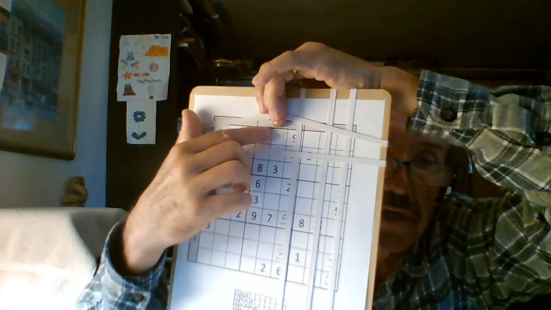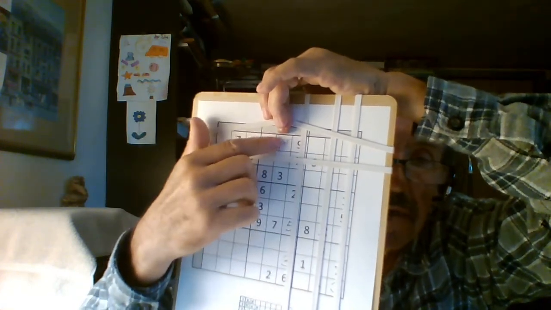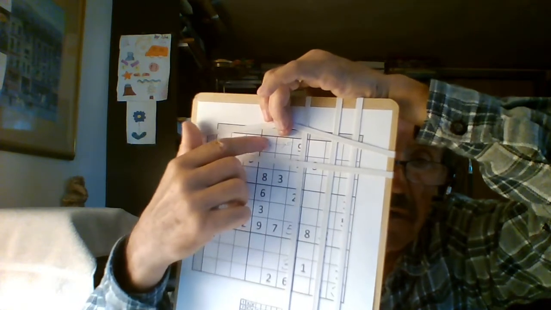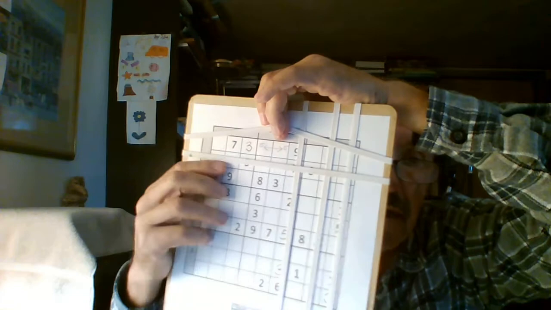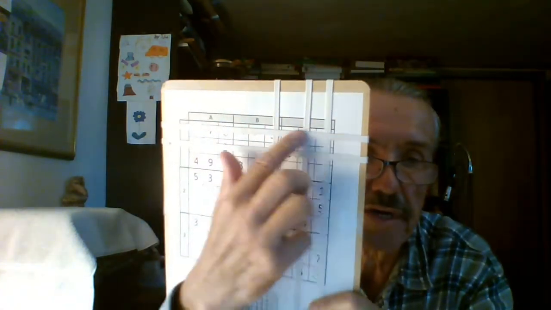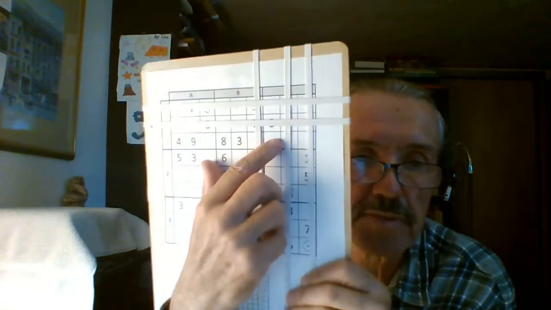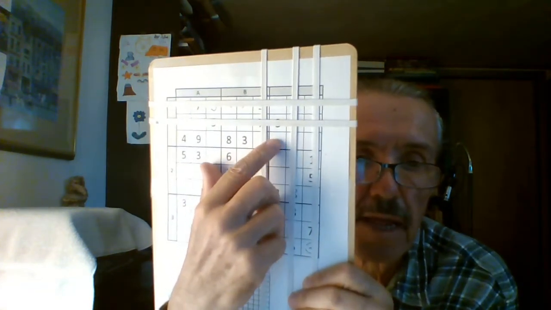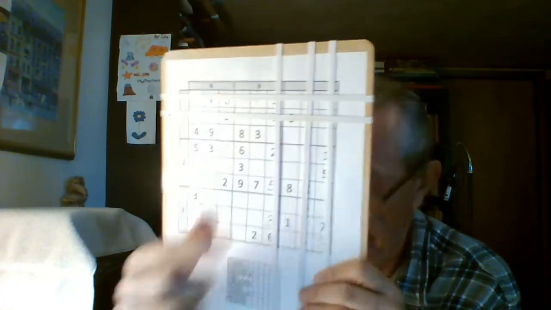We don't know exactly which location, but one of these locations has to be 5. Means that this row already has 5, and the one available space in C1 for number 5 is this.